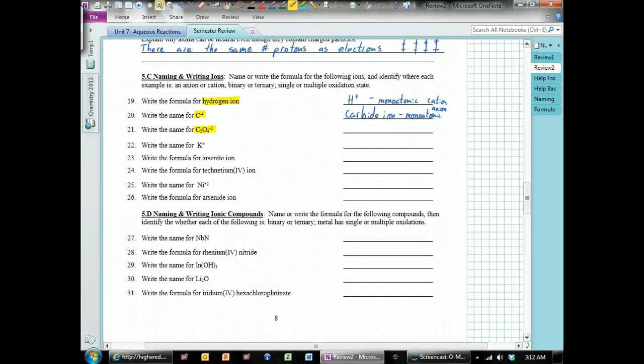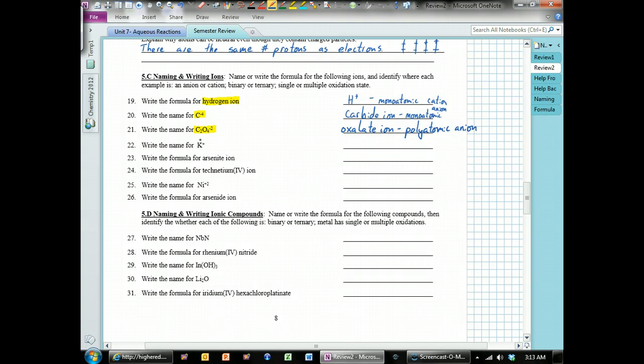You don't have to put the word ion afterwards, but it's not wrong if you do. It's good practice anytime it has a charge to put ion afterwards. So oxalate ion, and this is a polyatomic ion. It's a negative charge, so it's a polyatomic anion.